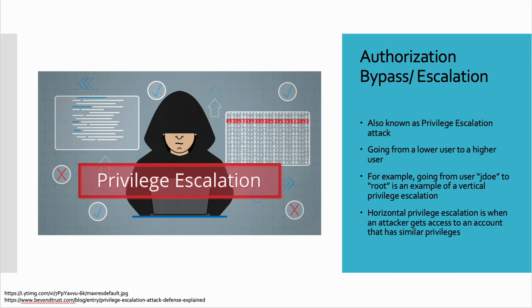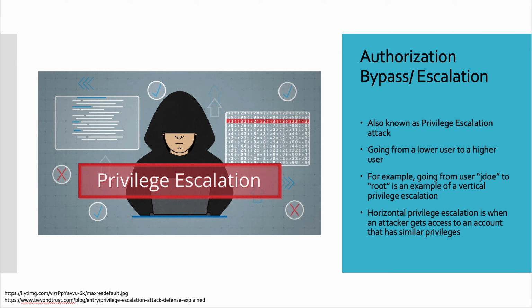Finally, we're going to be talking about privilege escalation, or authorization bypass, which is all kind of the same thing. There are two different types of privilege escalation. The first one is vertical privilege escalation, and that's where you're going from a user of a lower level to a user of a higher level.